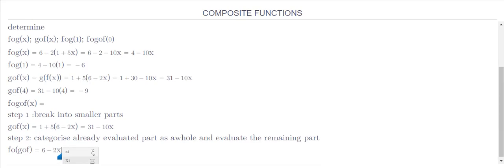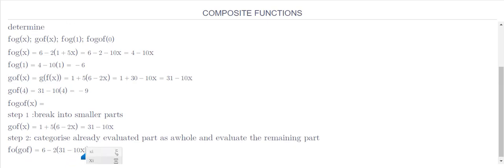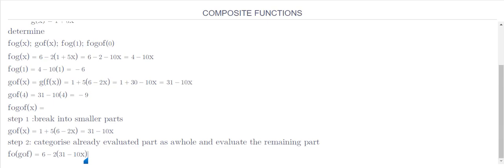But now instead of writing x, we are going to substitute it with the g of f of x, what I've just put in the bracket. So rather than putting x, I'm going to put my bracket, of course, as usual. Put 31 minus 10x. Now what I'll be getting here will be f of g of f of x. Of course, there is an x there.